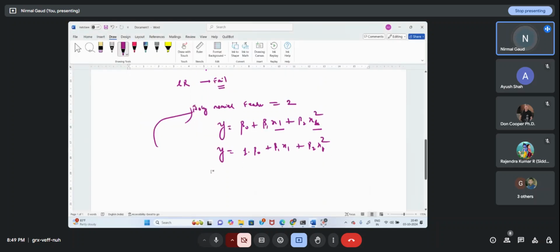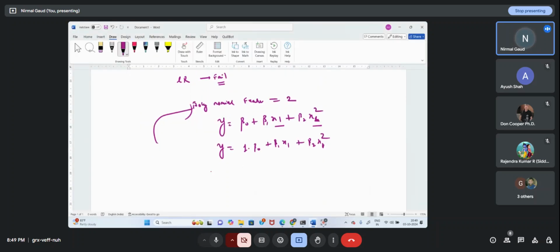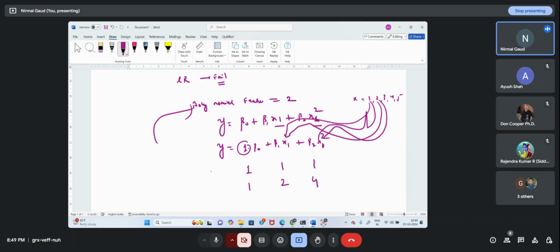The x values are 1, 2, 3, 4, 5. Here the coefficient is 1 already. This one will come in x1, it will become 1. This one will come in 1 square, it will remain 1. Now, 1 as it is. 2 will come here, so it will be 2. 2 will go into square, it will become 4.